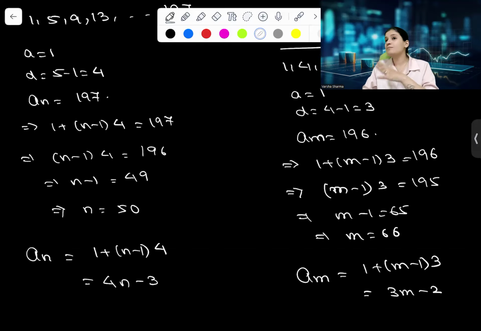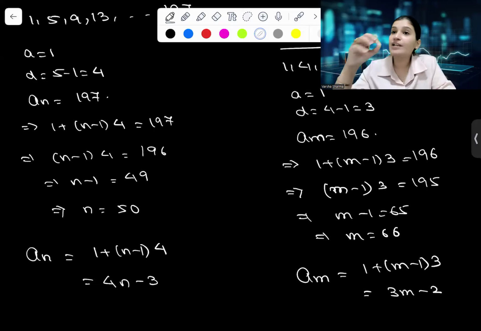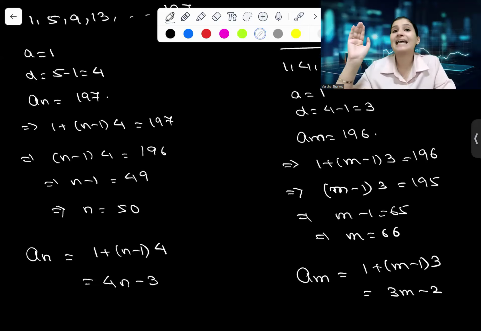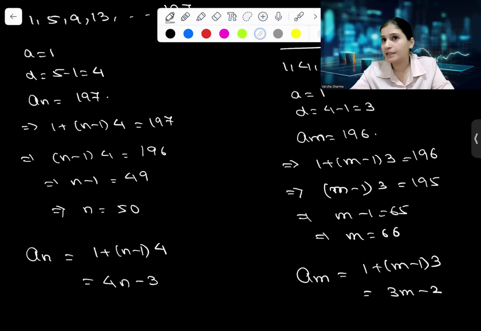I'm changing the number of terms because I don't want the location to be same. 10th, I don't want. Maybe 10th and 12th are same. That's why I'm writing one of the locations as n and then another location as m. Clear? Now what I want is, for some value of n and m, I want the two sequences to have the same term. an should be equal to am. 10th or 12th, 15th or 20th, anything can happen.